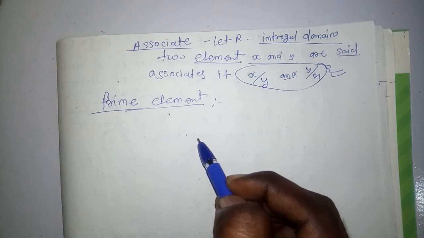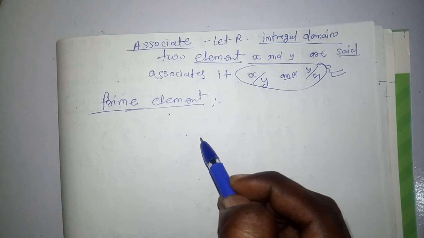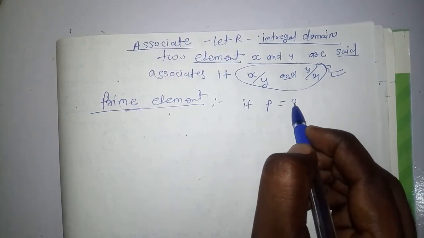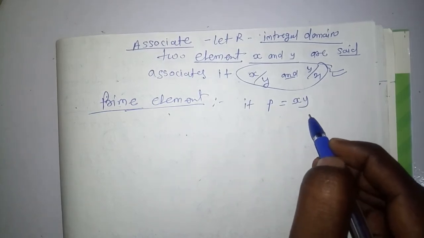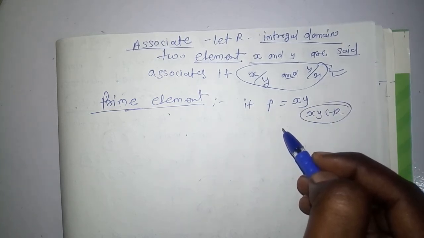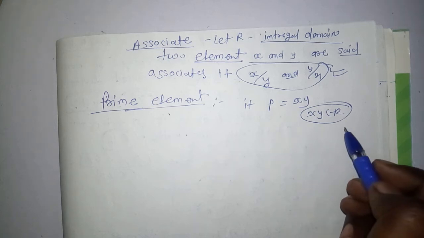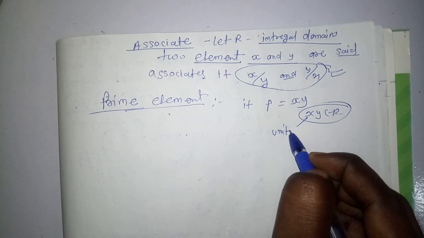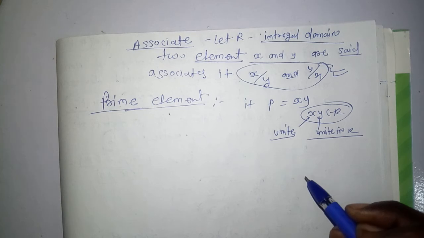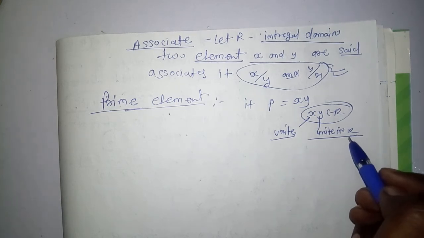A non-zero non-unit element P of R is said to be a prime element if P is equal to xy, where x and y belong to R, then x is a unit or y is a unit in R. R is a commutative ring.